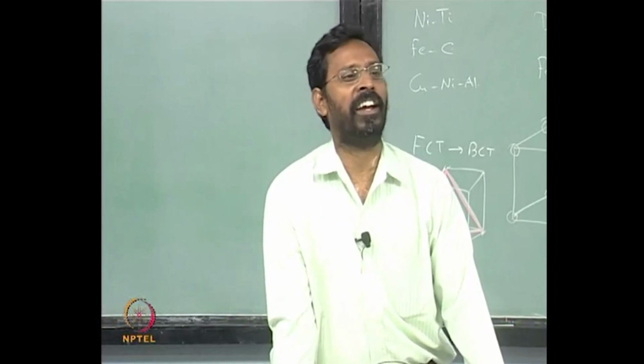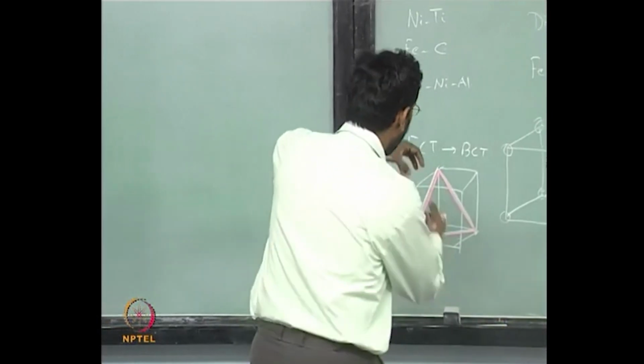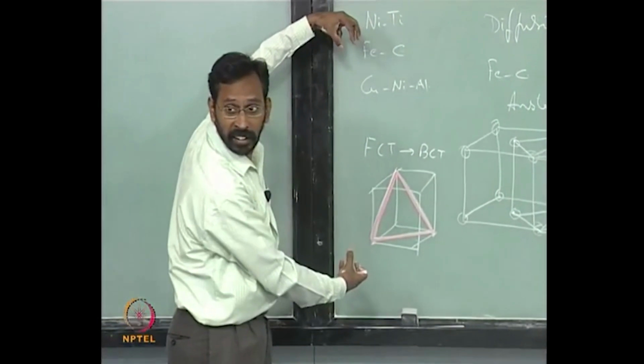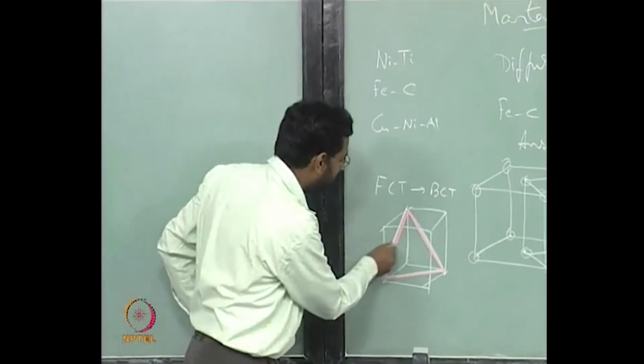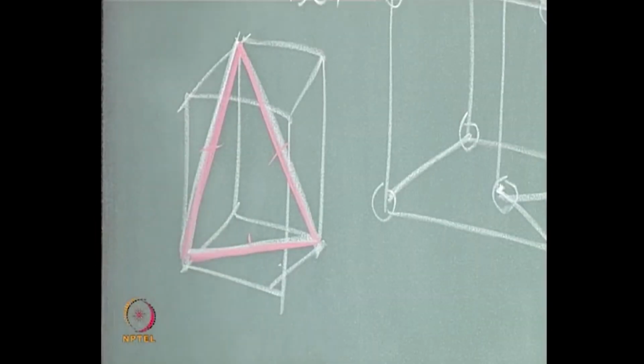In a tetragonal, the 111 plane is not an equilateral triangle, because you have pulled it. This and this will be longer than this in a tetragonal, and because of that you do not have an equilateral triangle. Once you do not have an equilateral triangle, there is no 3-fold symmetry.